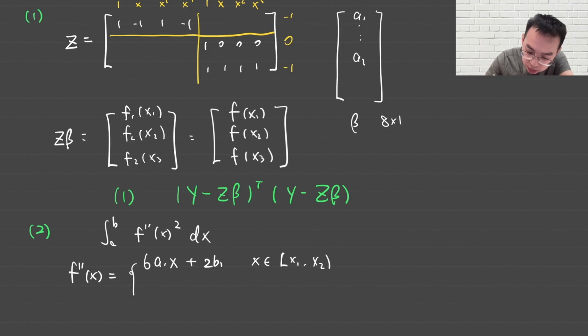This is 6a2x plus 2b2, for x from x2 to x3.